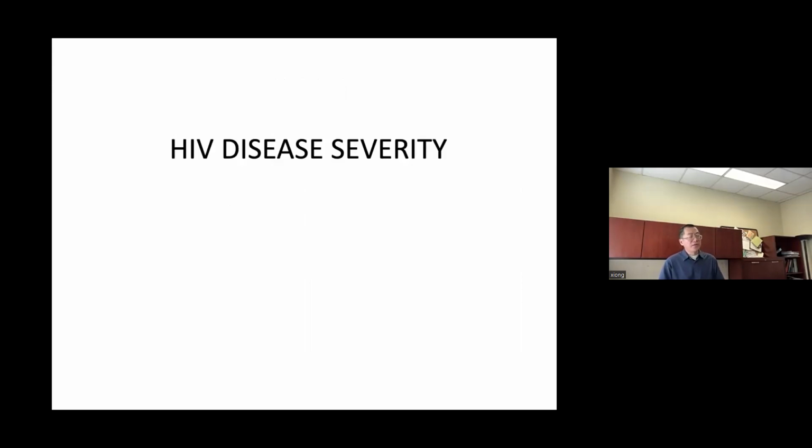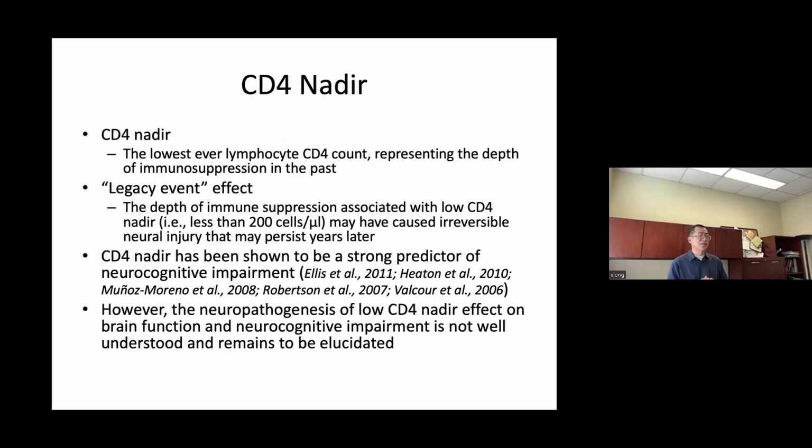Then we tried to understand how HIV disease severity and medical factors might contribute to brain injury. Here we're looking at CD4 nadir, which is the lowest ever CD4 count. People have been using CD4 nadir as a measurement of the depth of immunosuppression in the past, so it has generally been recognized as a legacy effect.